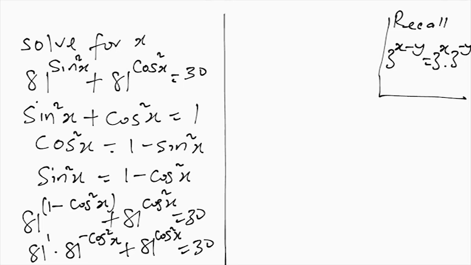And also don't forget that in indices, 3 raised to the power minus x is the same thing as 1 over 3 raised to the power x. One of the laws of indices.